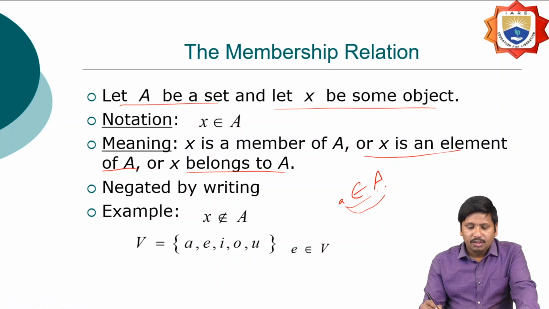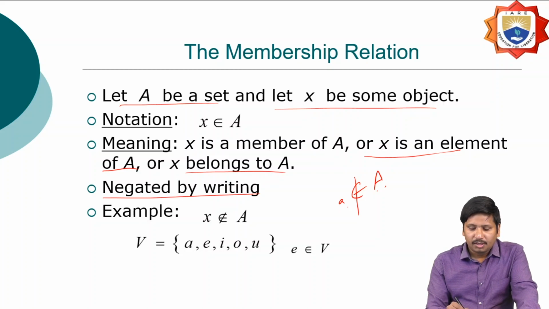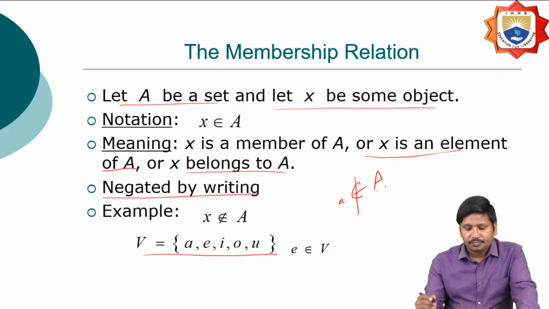And if negated, that means if x does not belong to A, I write the negated symbol. So here I have a set of vowels: A, E, I, O, U. I want to represent whether E belongs to the vowel set or not.